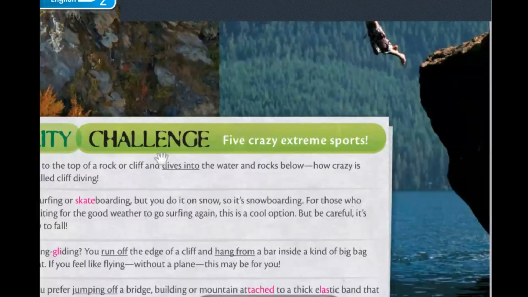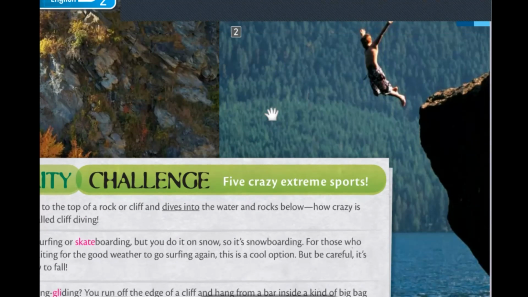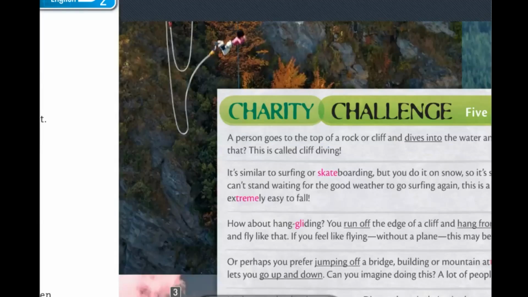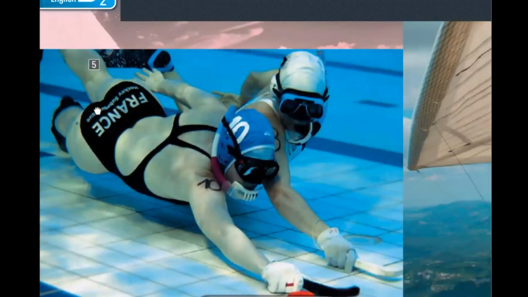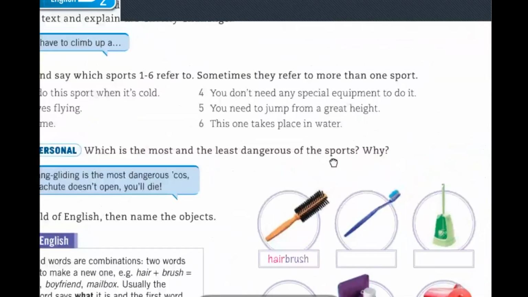Cliff diving. Cliff diving, yeah. You just need your courage and your stupidity and nothing else. For the rest, you need equipment. Number 5, you need to jump from a great height.